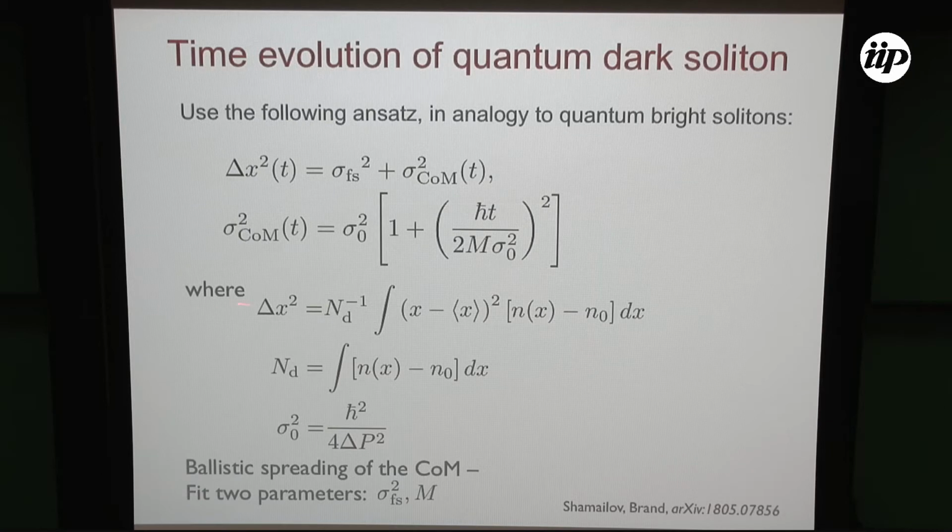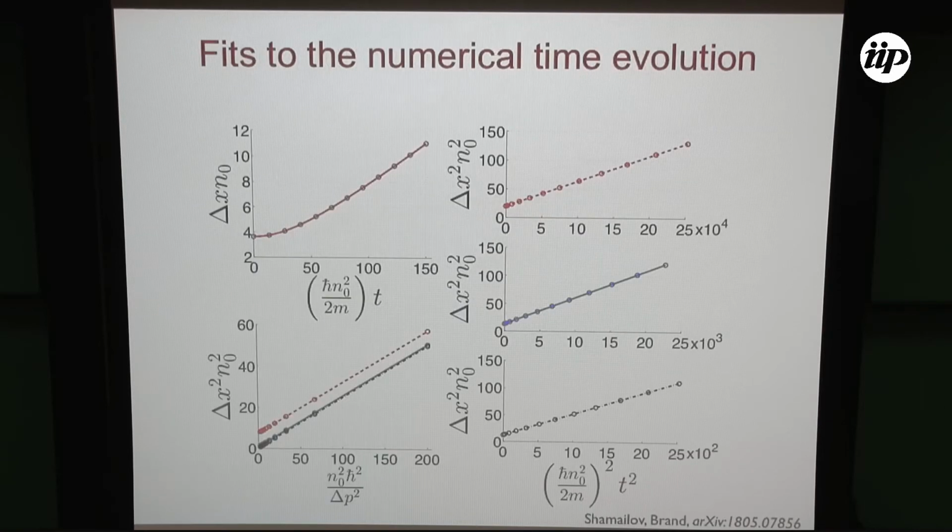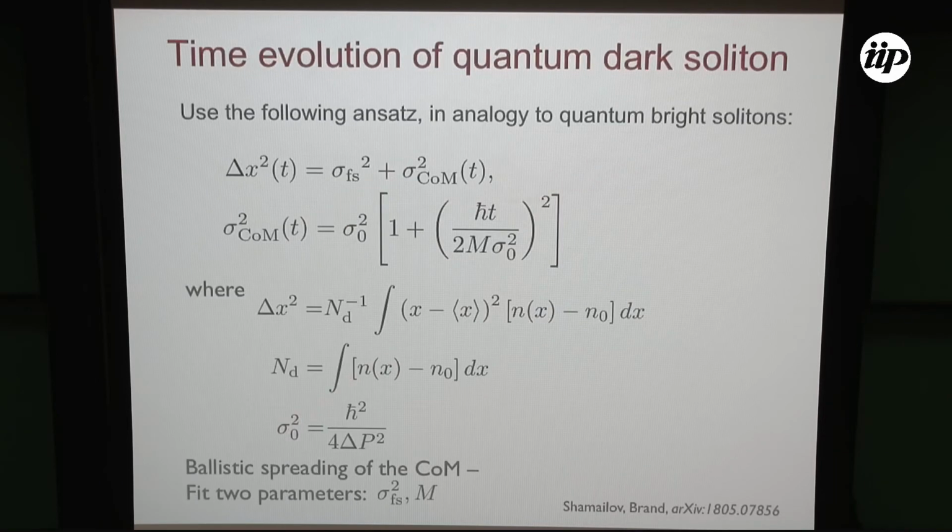And the fits work very well. We just plotted them in a way that you always get straight lines and fitted straight lines, and that works very well. And it turns out that it all makes sense.